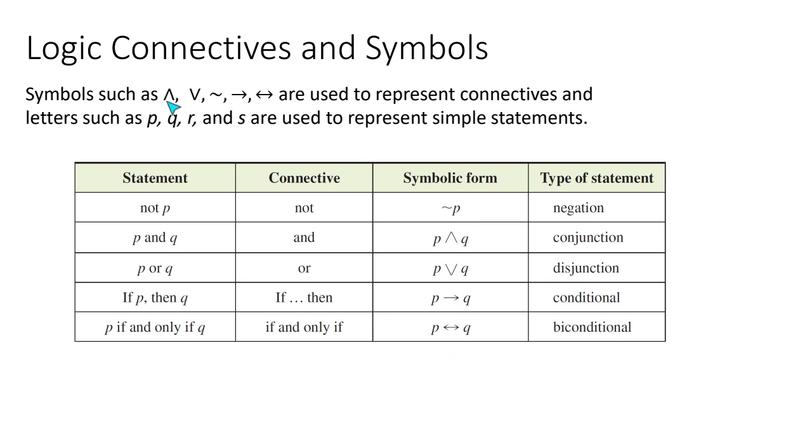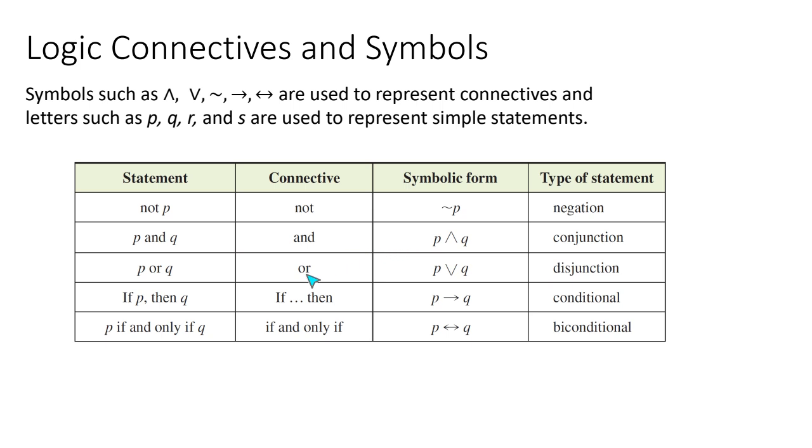The symbols are this upward arrow and the one pointing down, then you have the tilde here, the right arrow, and then the double arrow. Those are used to represent our connectives. Our connectives, remember, were the words and. If you have the word and, you're going to use the symbol with the arrow pointing up.